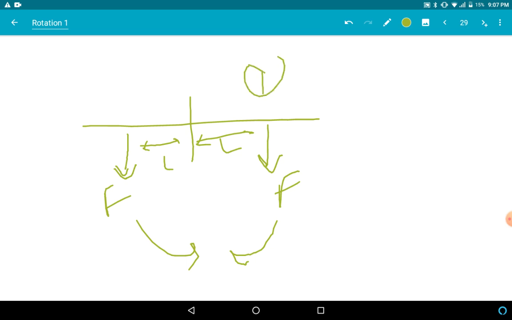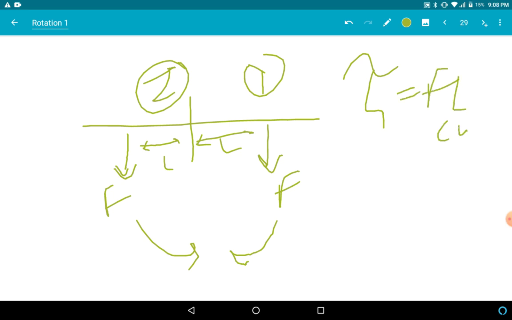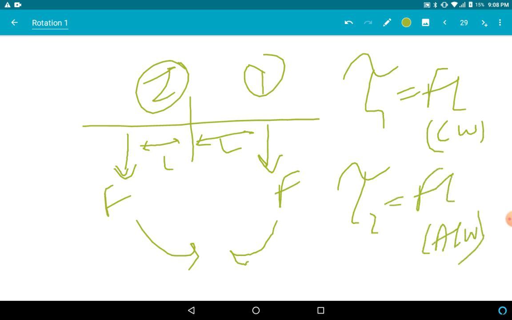Let's say this one is 1 and this is 2. Tau 1 is nothing but FL in the clockwise direction, tau 2 is nothing but FL in the anti-clockwise direction. Understand? So these cancel out each other and the net tau is nothing but 0.